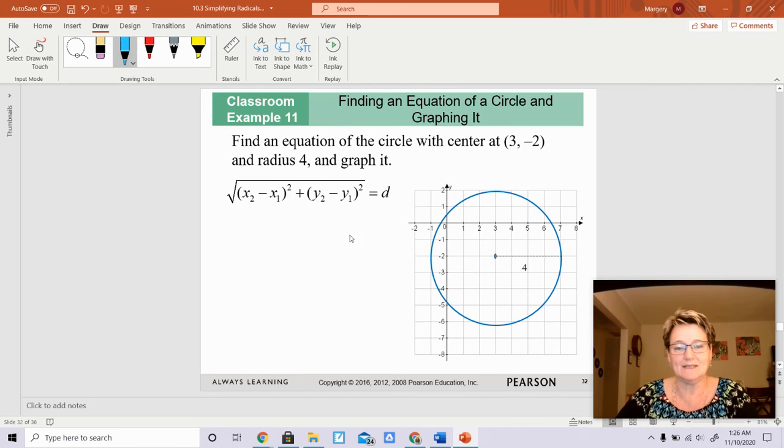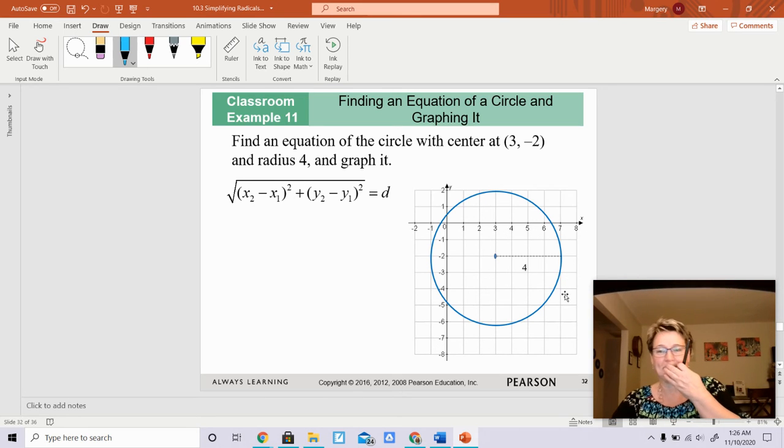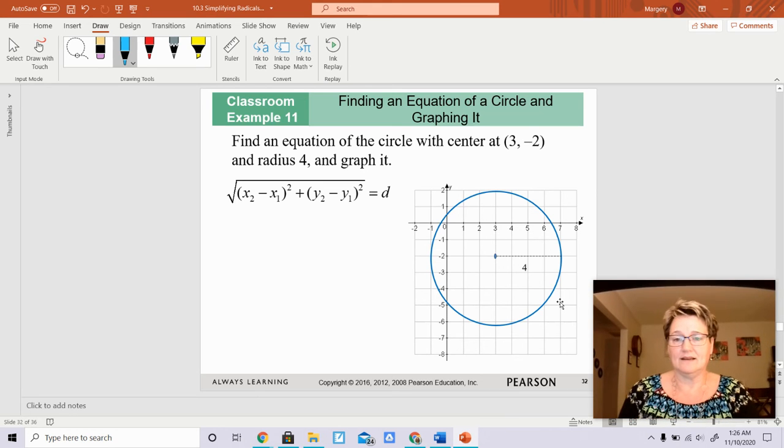Okay, next one. Find the equation of a circle whose center is 3, negative 2, and the radius is 4, and then graph it. It's kind of already graphed, but okay. So find an equation of a circle and graph it.